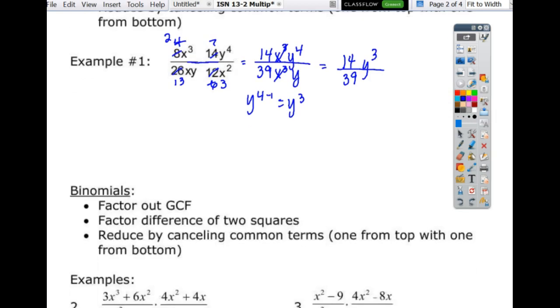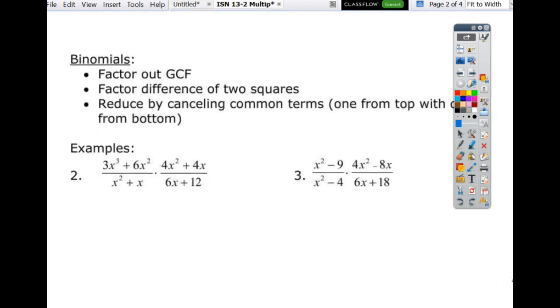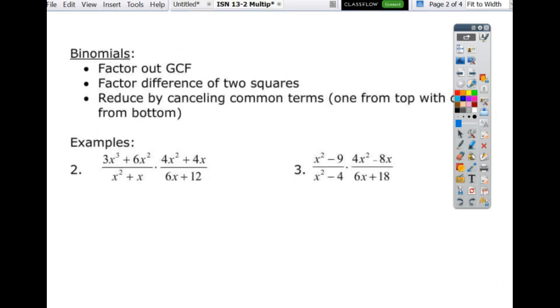Okay, so let's look at this. So we're going to treat this exactly like what I just did. So first of all, just look at the top part right here. The 3x cubed plus 6x squared. 3 and 6, what do they have in common? 3. Then I have x to the third and x to the second. What's the smallest exponent?